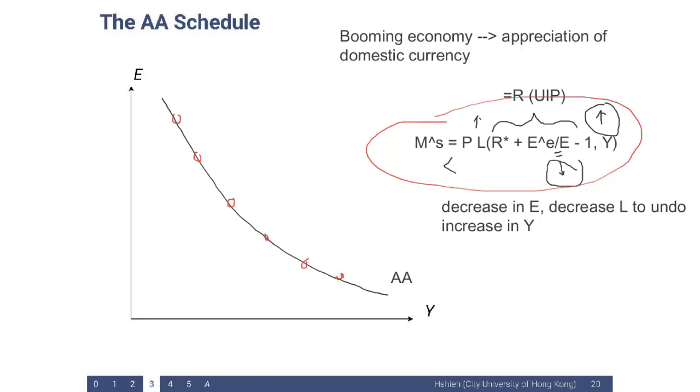So that's going to boost the strength of the domestic currency, and therefore E has to decline. And what I just described is the following: you have to have a decrease in E, which will decrease L to undo the increase in Y.